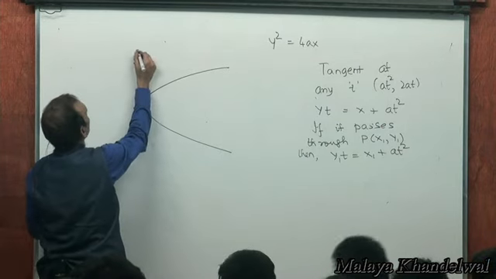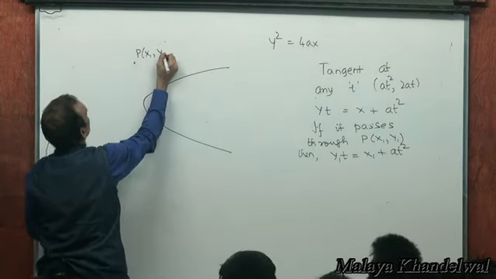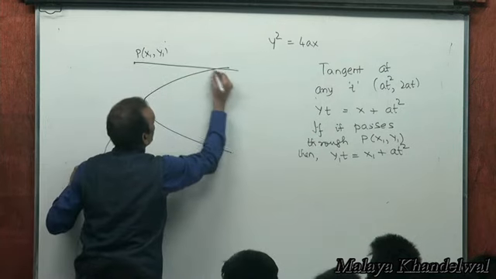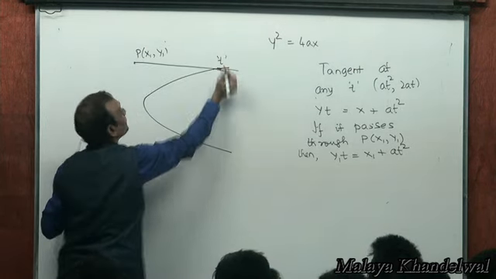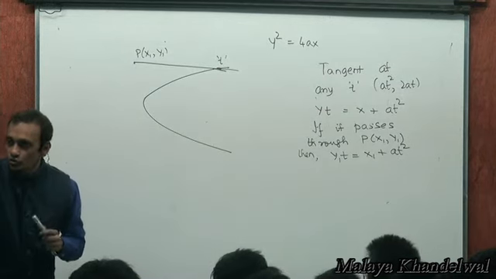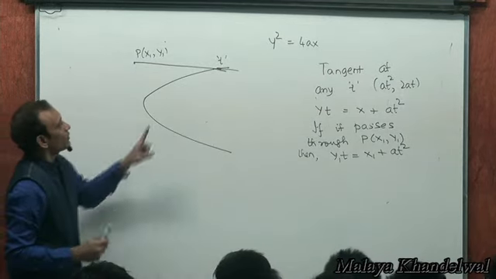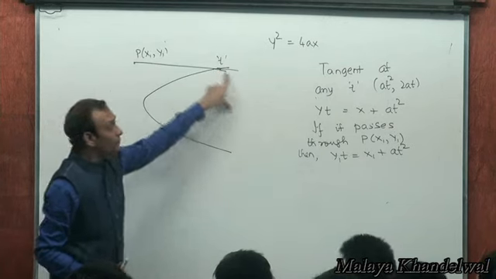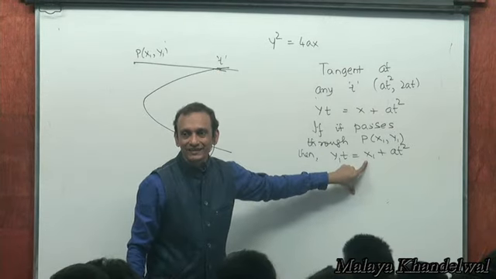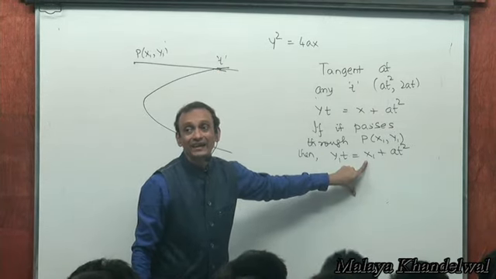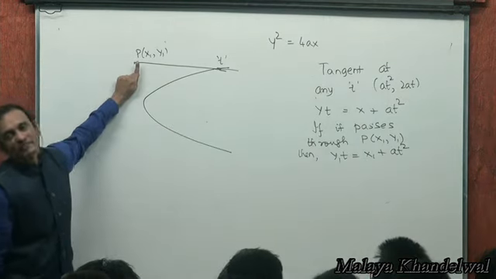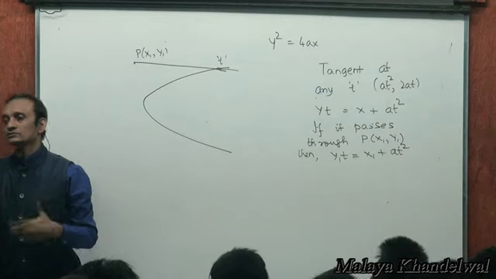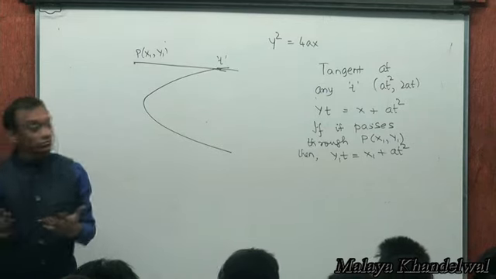There is a point P, and from this point P I can draw a tangent at a point which is t, that means at the point at squared comma 2at. How do you obtain this t? When you solve this quadratic, you get the t at which tangents could be drawn from a point x1, y1 to the parabola. Yes or no?